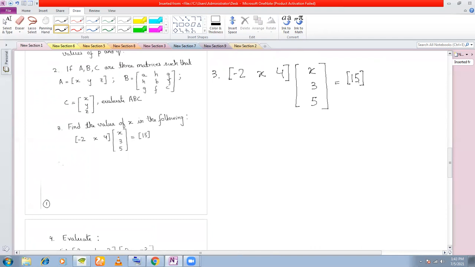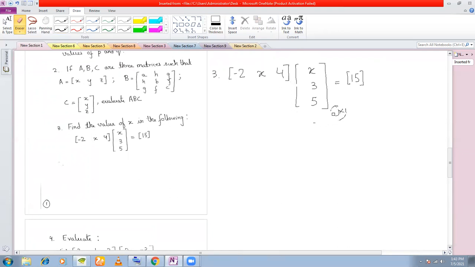First of all, check whether you will get a 1 by 1 matrix on multiplication or not. See, what is the order of this matrix? 1 by 3, right? And what is the order of this matrix? It is 3 by 1. Can you multiply them? Yes, because the number of columns is equal to the number of rows of this matrix. The resulting matrix will be a 1 by 1 matrix, right? So you can multiply.